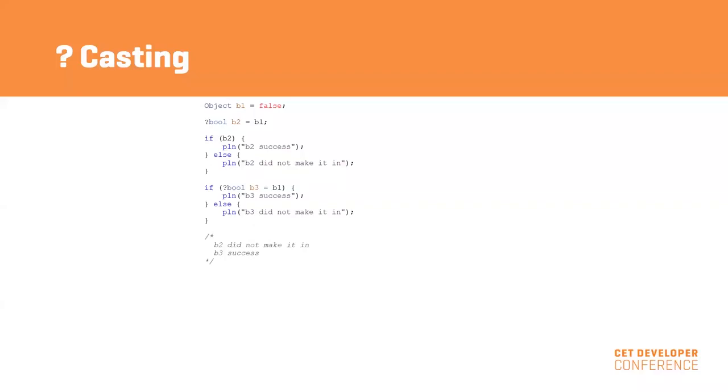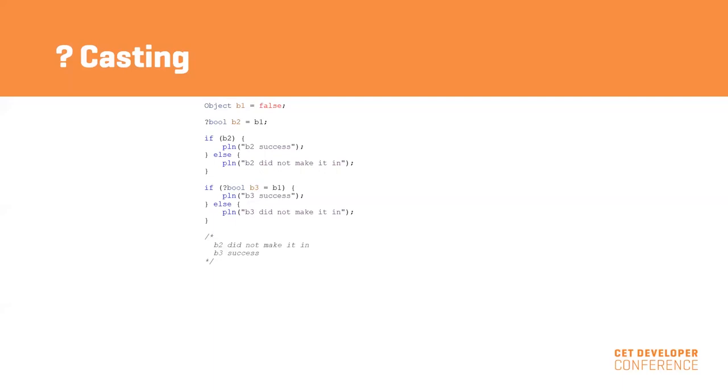If I add this question mark in front of bool, it will be the same as typing b1 dot bool. This is null safe, so it's actually more like typing dot colon, but for the sake of this presentation, it's just doing a cast.